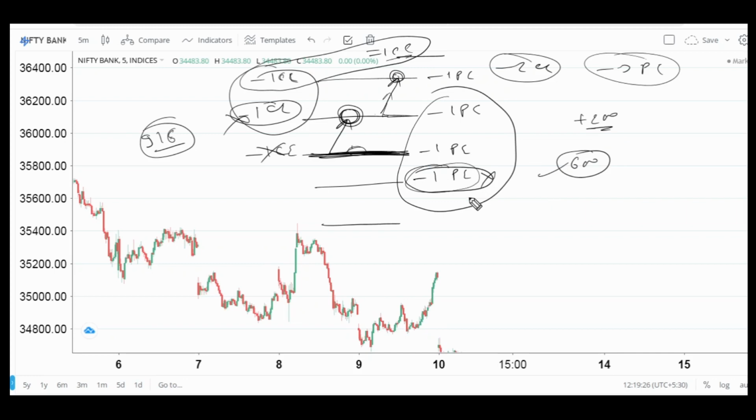So we will exit this also. Because we are entering a put here, 2 other puts are also there, so we are maintaining 3 put sells and 2 call sells, as we are booking profits in this.